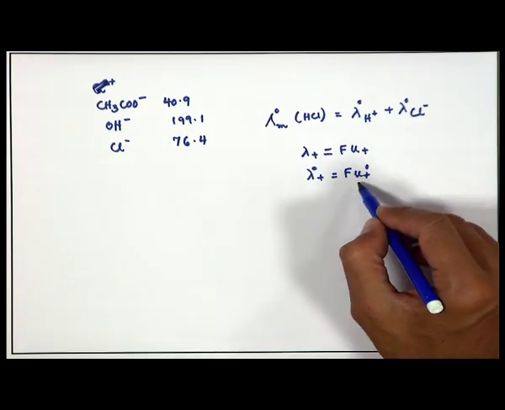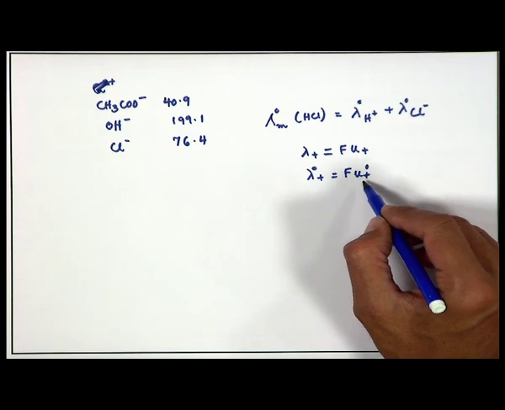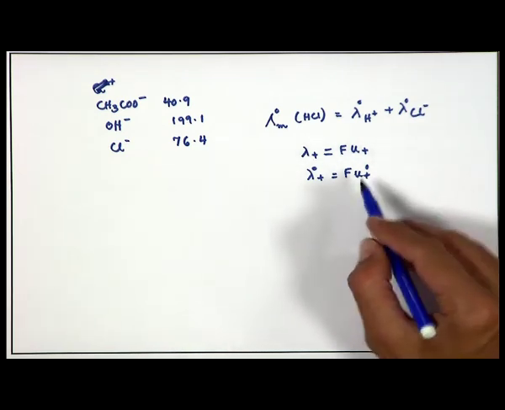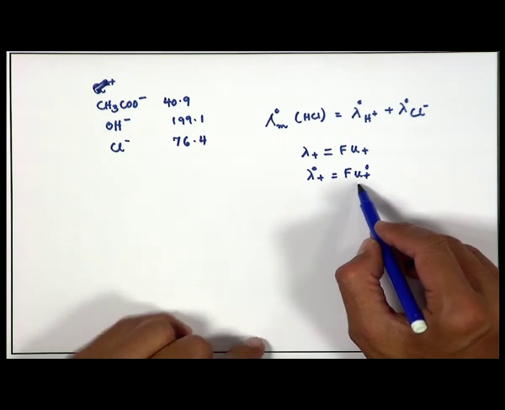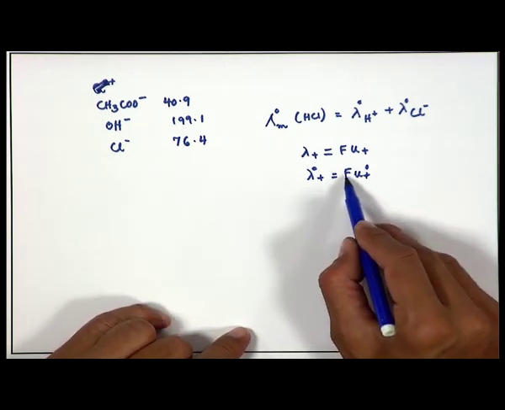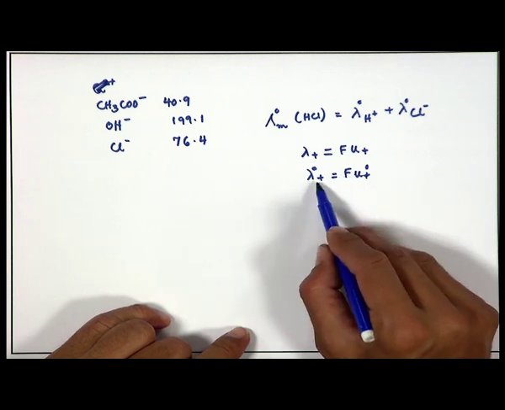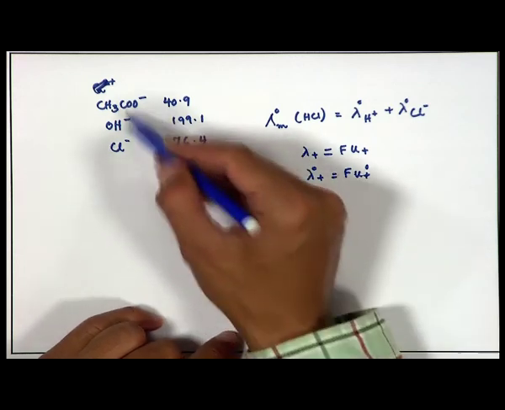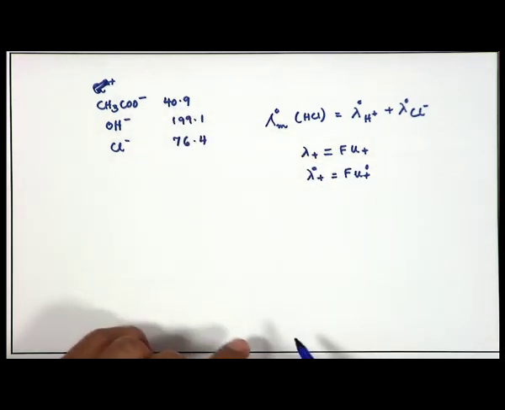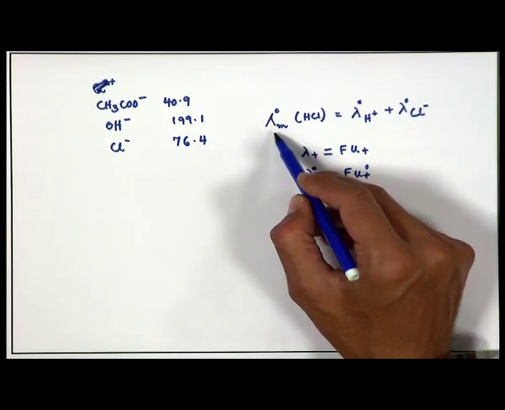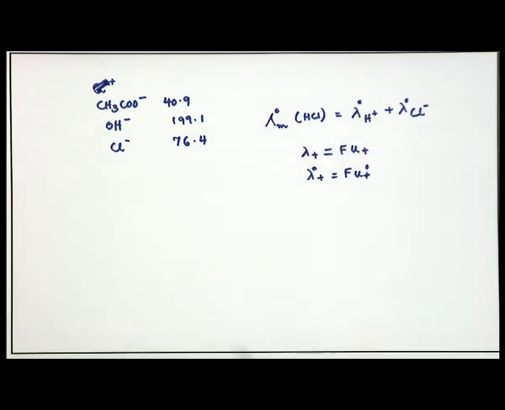So, for unit potential gradient, how much distance the respective ion is moving, that is called the speed of ions or the ionic mobility. So, this is your Faraday, this number 96500 times this will furnish you this lambda 0 plus. This way you can find out these numbers experimentally, and then plugging in these numbers as per requirement, you can find out this lambda m 0 for different electrolytes.